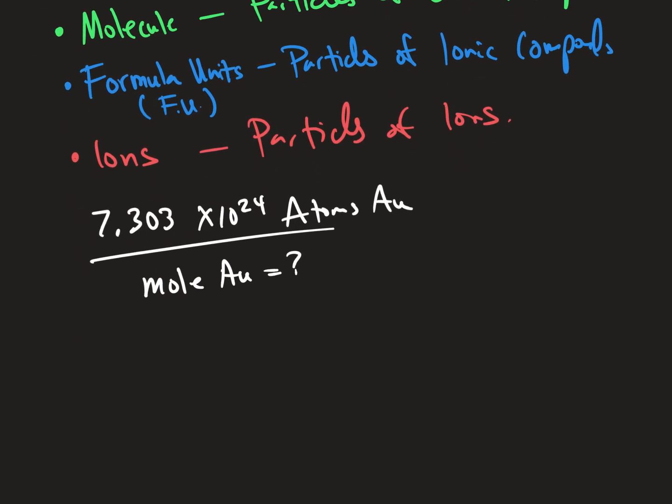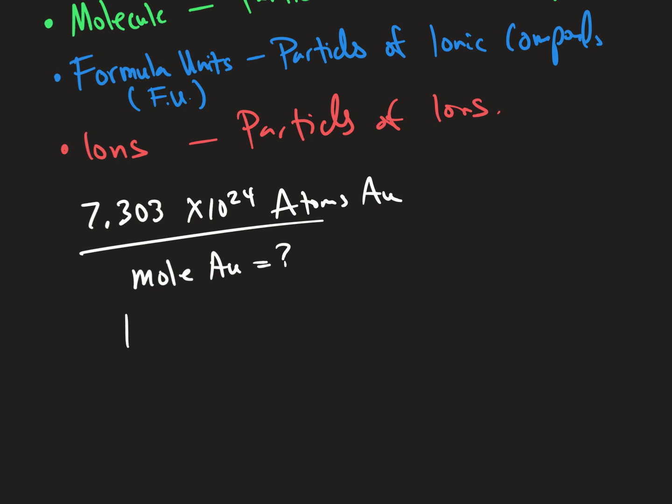So we know 1 mole is equal to 6.022 times 10 to the 23 particles. In this case, what is it? Atoms, right? 1 mole of gold is the same as 6.022 times 10 to the 23 atoms of gold. Good?